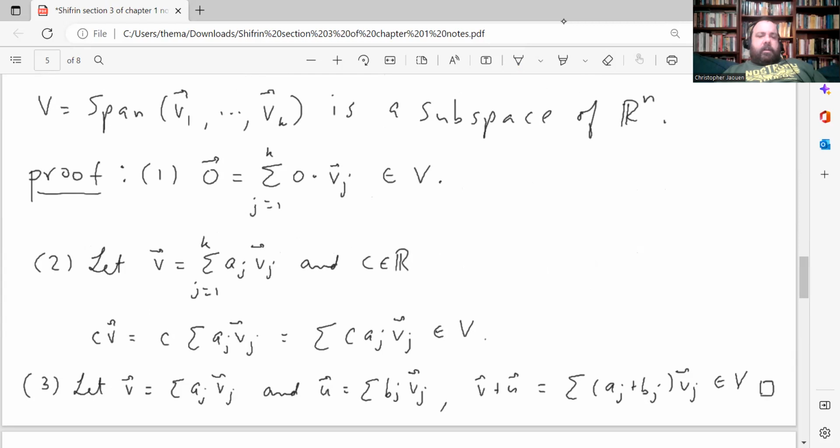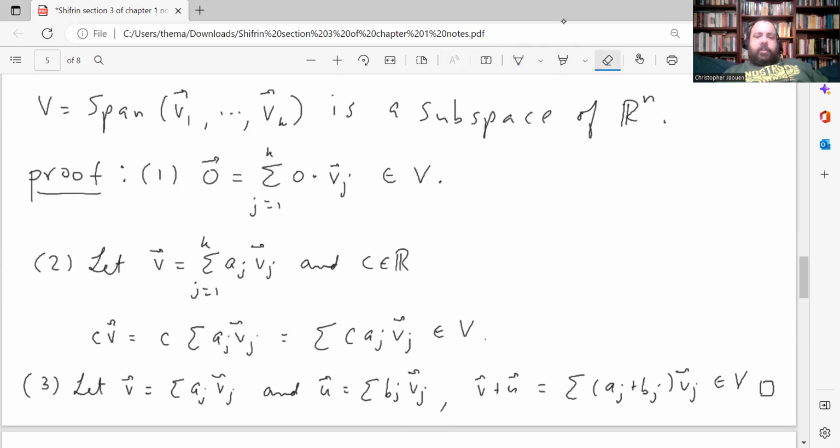If you take a vector v in the span, then it's some linear combination of the vectors v1 through vk, and take an arbitrary scalar c in R and look at the scalar multiple. By the way that scalar multiplication works, it distributes over sums. So you get this, which is still a linear combination of v1 through vk. That means that c times v is in the set, so it's closed under scalar multiples.